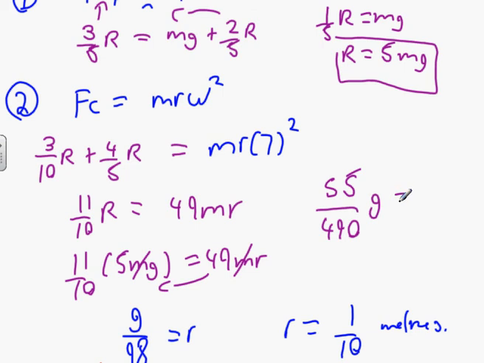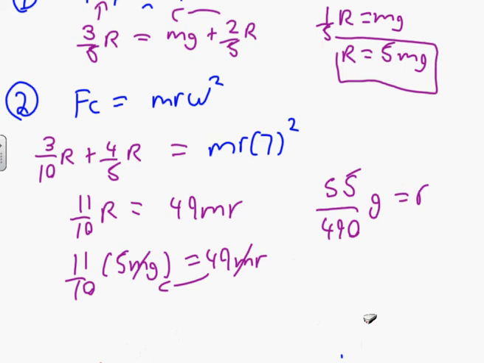G equals r. Can somebody break that down for me? Any ideas? 1.1. Thank you. R equals 1.1 meters.